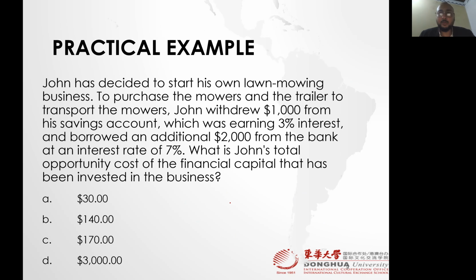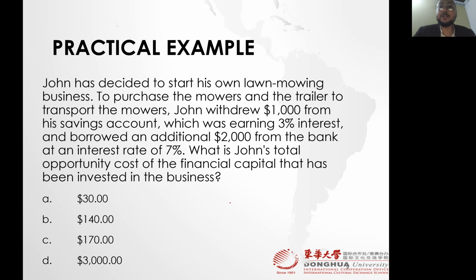We talked about, I think, this example in our previous class, that John has decided to start a lawnmower company. Okay, let's do this question. Those who are watching online, pause the video, read the question, guess the answer, and then compare. I'm going to read the question one more time, and please choose the right answer.